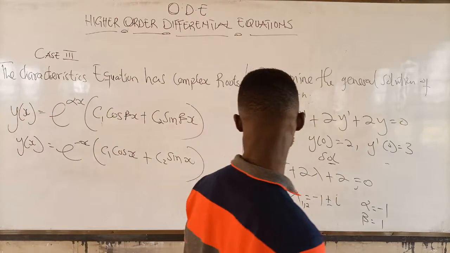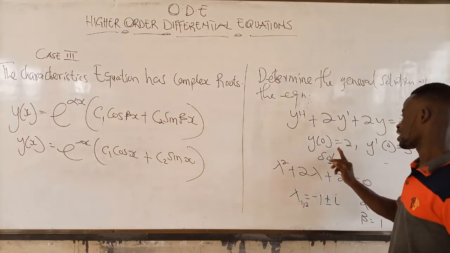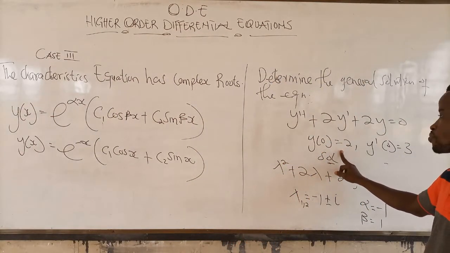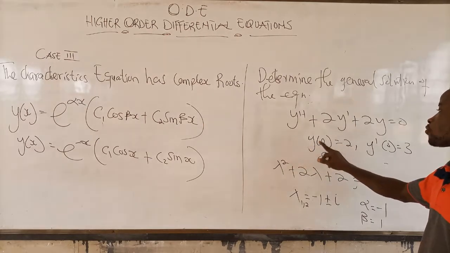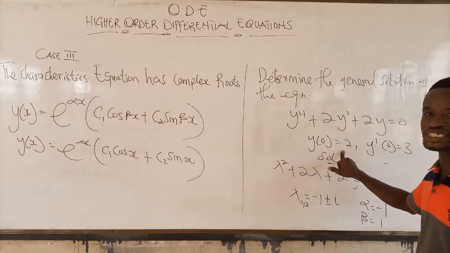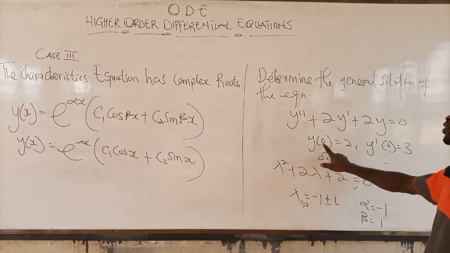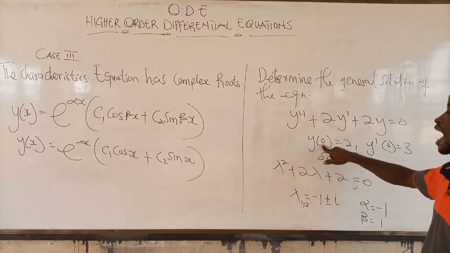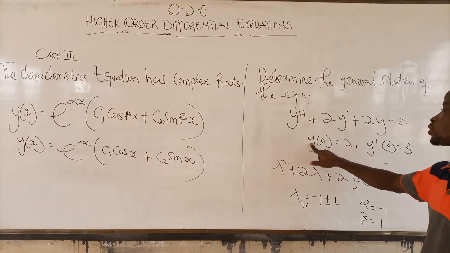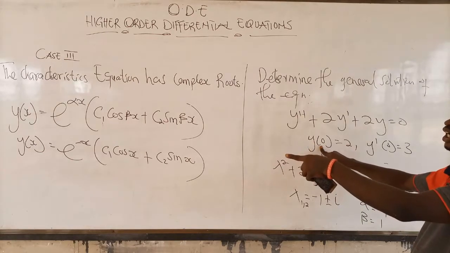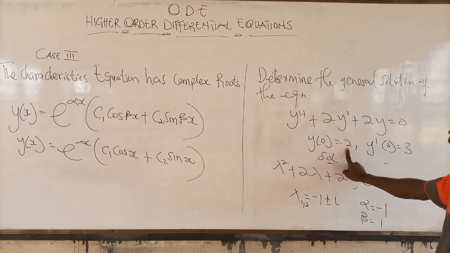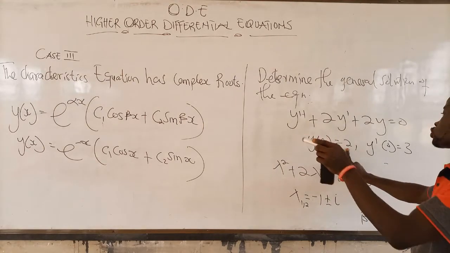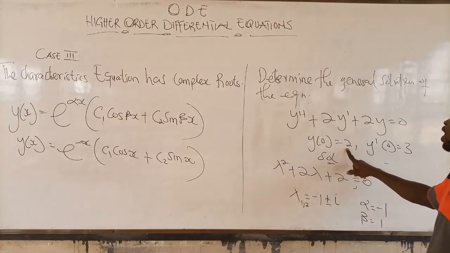So for us to work using this IVP, you can see that y of 0 is equal to 2 means that here you are doing the substitution of x equal to 0 into the general function, and equating y to be equal to 2.